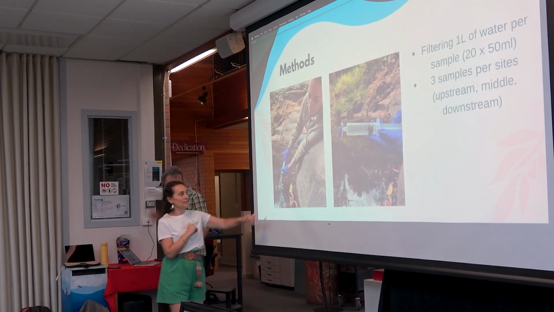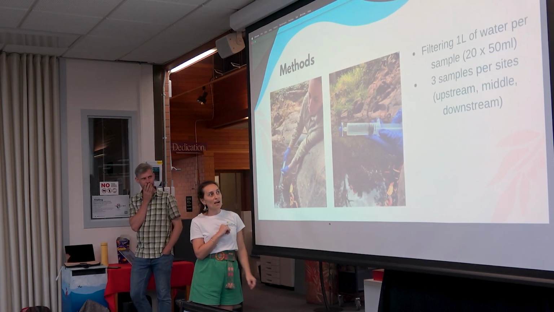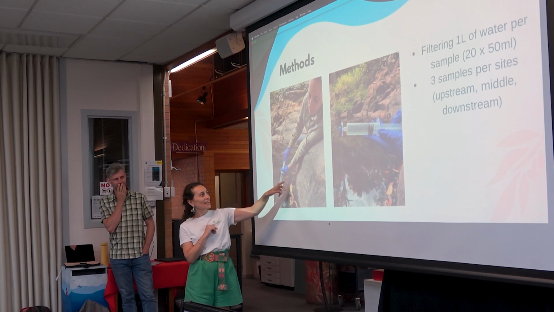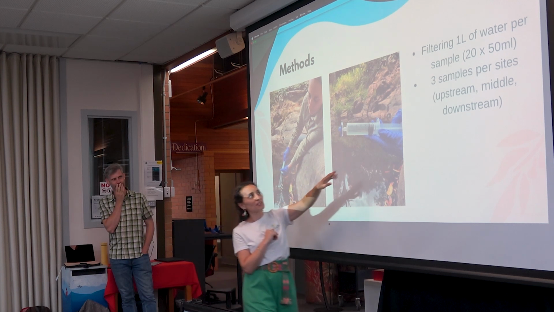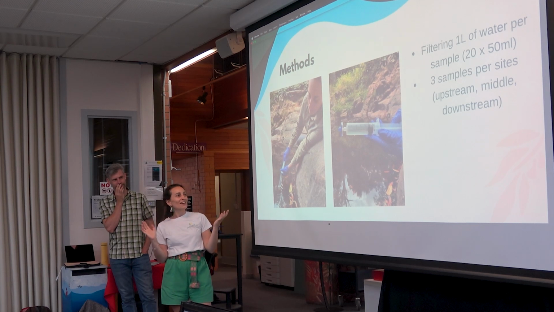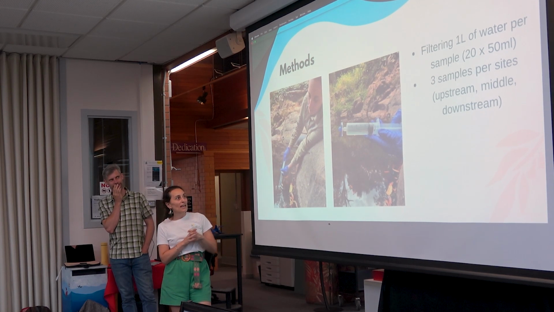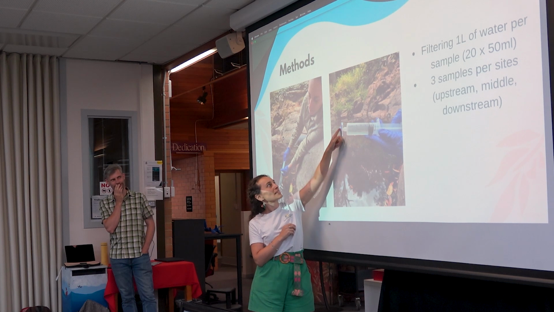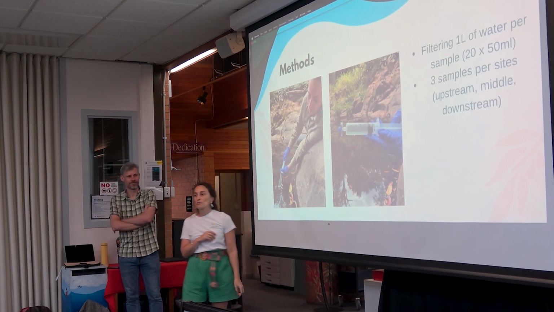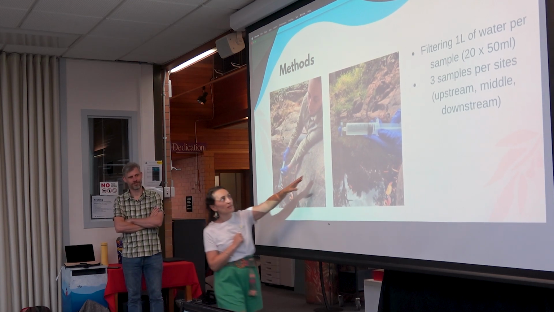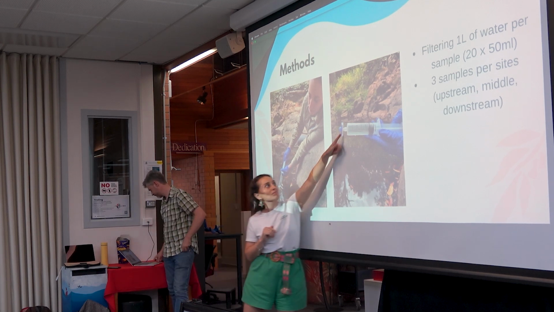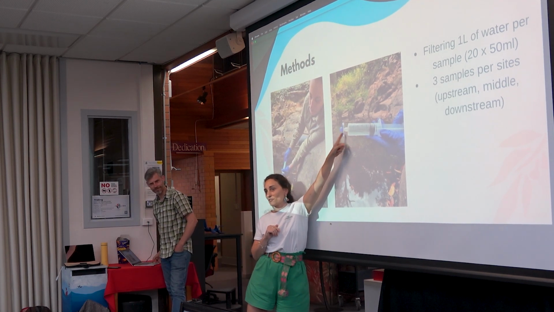We take the 50 ml syringe and collect water 20 times per site, per sample, because we need to filter a liter of water per sample. So that's simple math: 50 ml times 20 is 1 liter. We filter it through this little piece that contains the filter. Once we have passed 1 liter of water through the filter, we inject the preservative in it, and that's it. This little filter is sent to the lab.